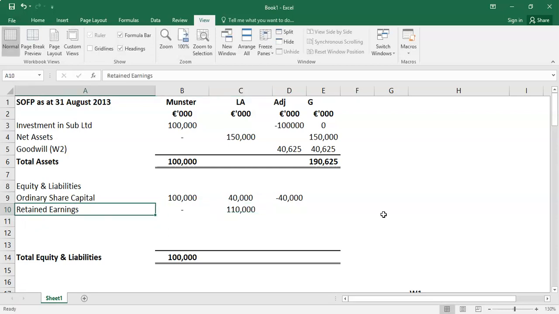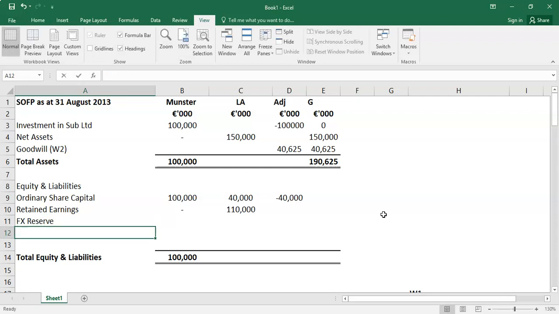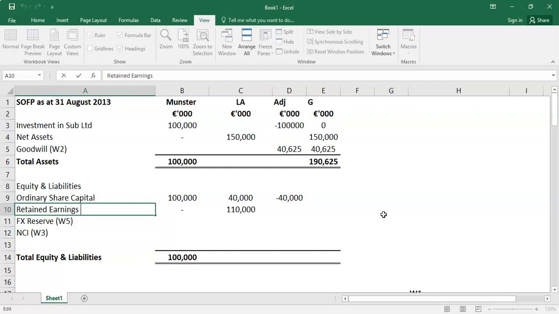But we're going to split those out. We're going to have now a group FX reserve, and we're also going to have NCI. So you can reference there, that's working 3. FX reserve is working 5. Retained earnings is working 4.